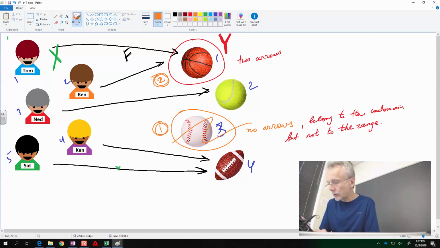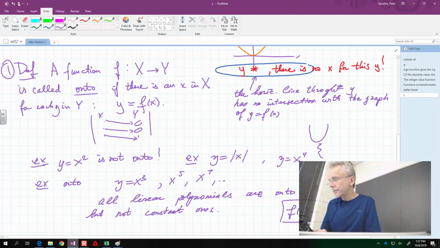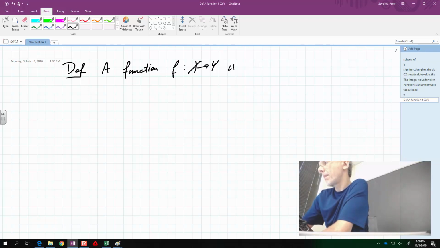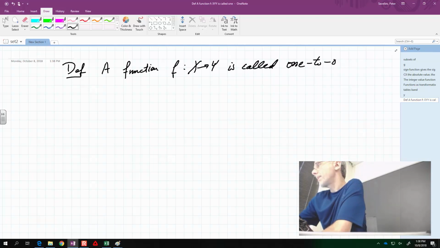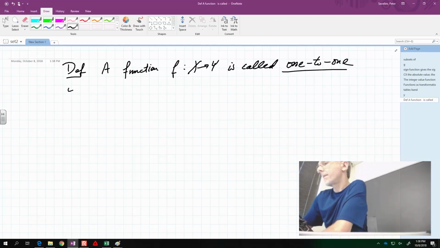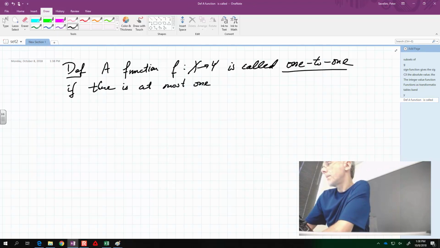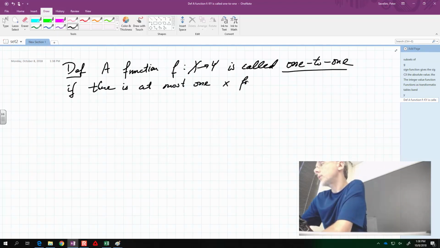It is called one-to-one. So a function is called one-to-one if there is at most one x for each y.